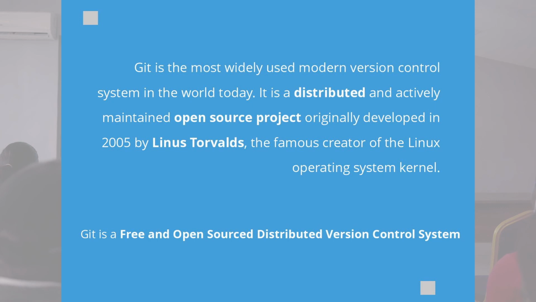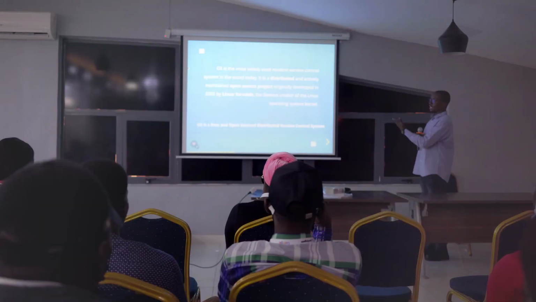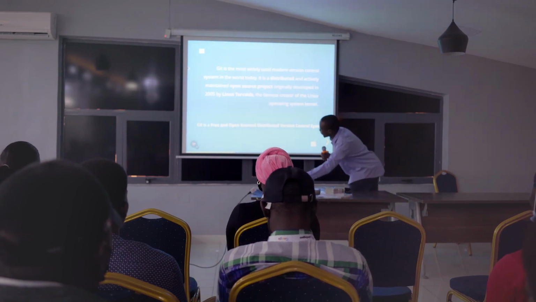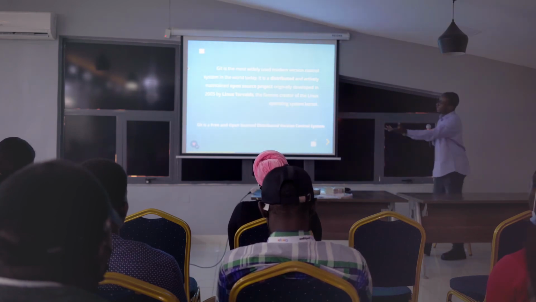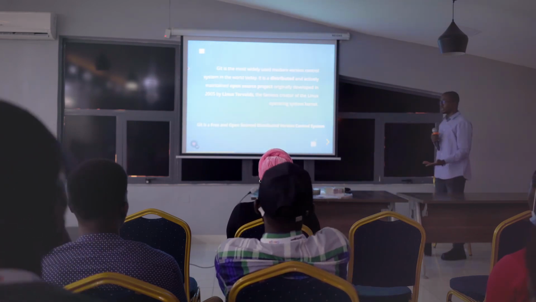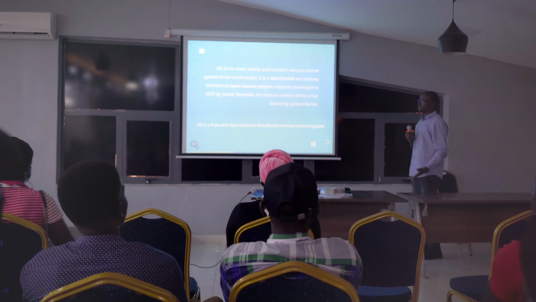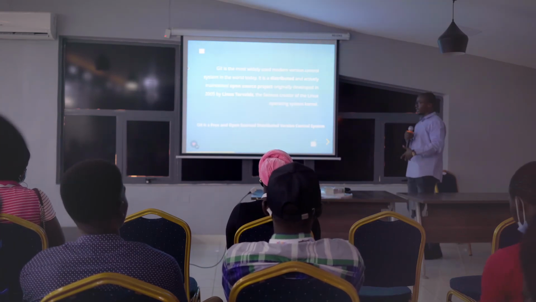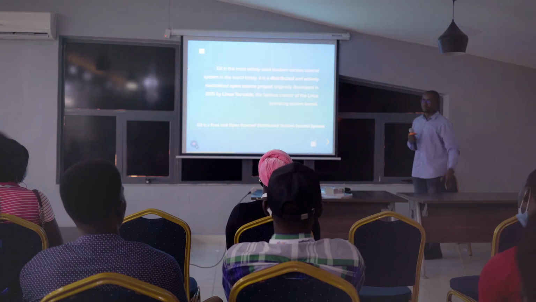And you can imagine why he had to do that. Because Linux is a big project, so imagine there were so many issues then, so he had to find a way, right? And the summary is that Git is free and it's an open source distributed version control system. So if anybody asks what is Git, Git is a free and open source distributed version control system.